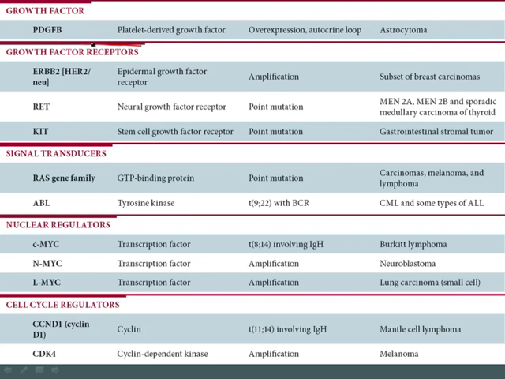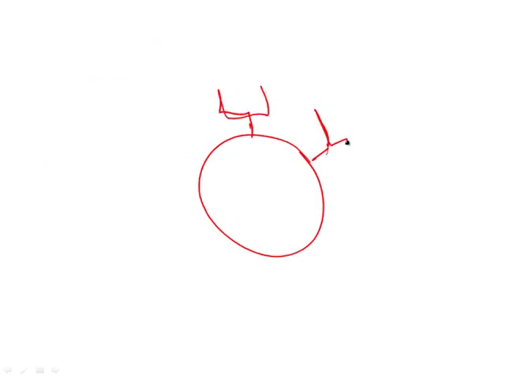Another example would be growth factor receptors. So again, we can go back to our diagram and remind ourselves that if this is a cell, and the cell is expressing a growth factor receptor, normally growth factor would bind the receptor, a signal would be sent, and the cell would then divide.